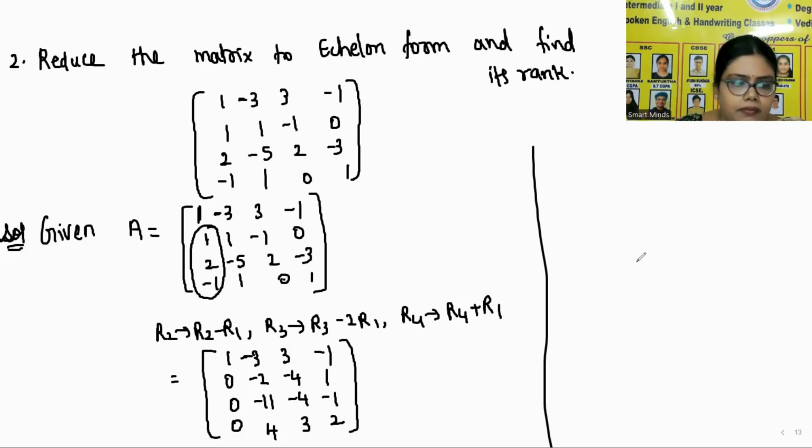Okay. And over here again the numbers will change. This is minus 3, no? So this is 0, minus 2 and this will become 2. This will become 2 and this will become minus 1.